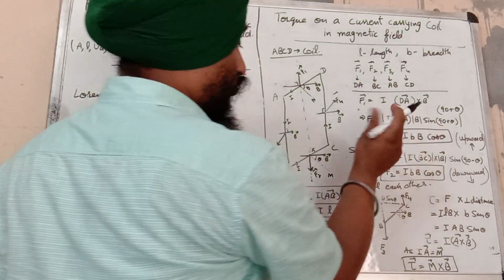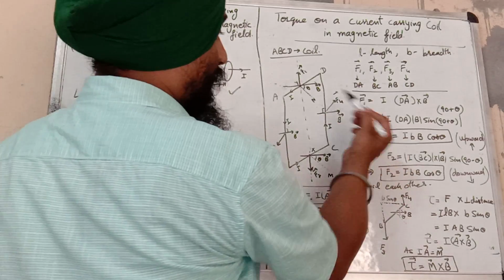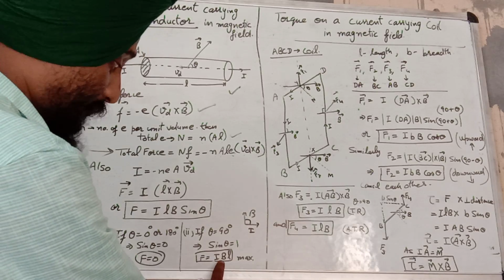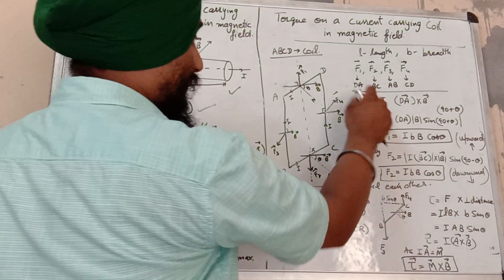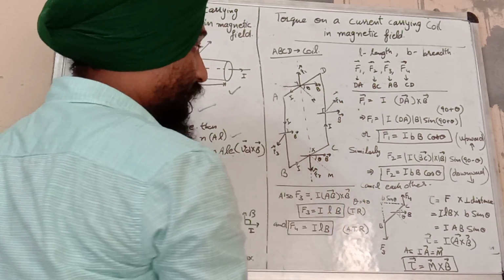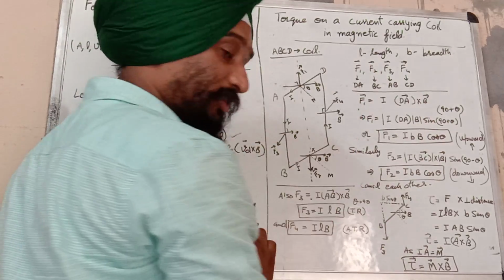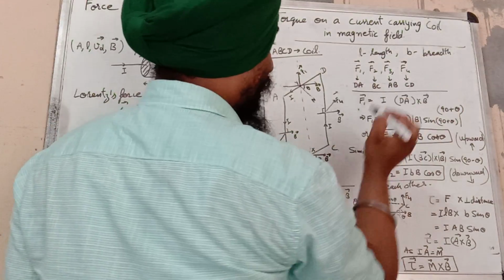To find the force F1, we have the formula IBL, where I is the current flowing through this conductor, DA is the length and B is the field.